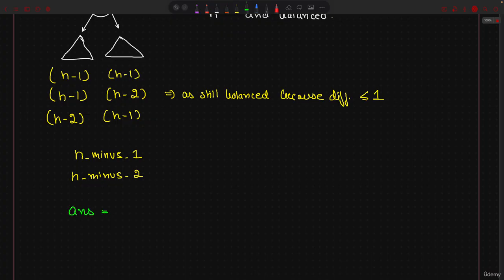I'm assuming this to be h1 and this to be h2. So h1 into h1, that is the first, plus 2 into h1 into h2. This will give your full answer for this question, because we have now worked around all the combinations which are present. I hope this is understandable, everyone.